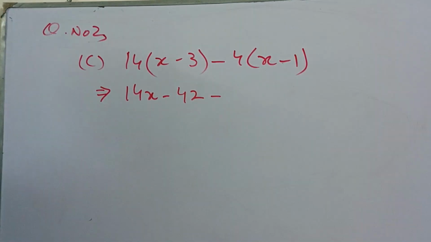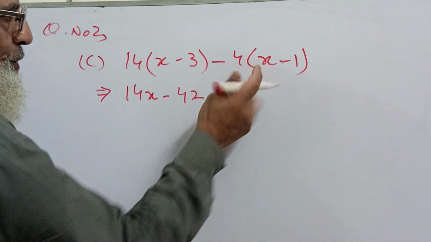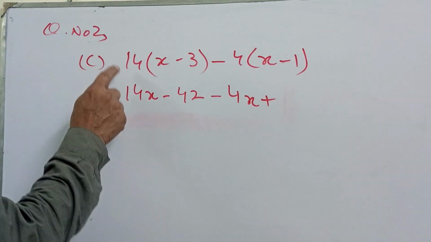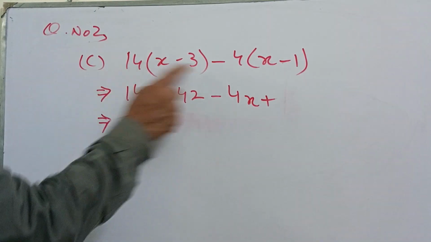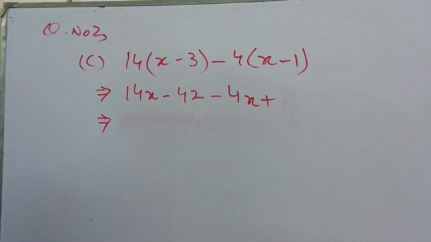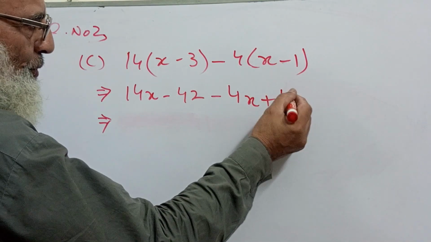Now minus 4x. So this is 14x minus 42 minus 4x, and 4 times 1 is 4.